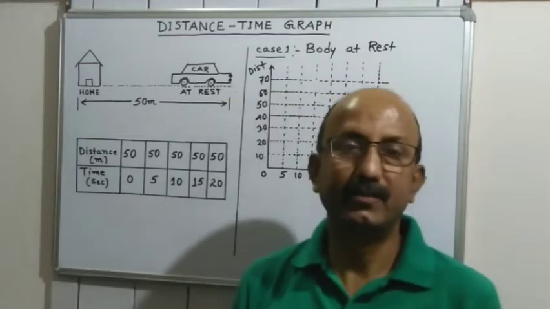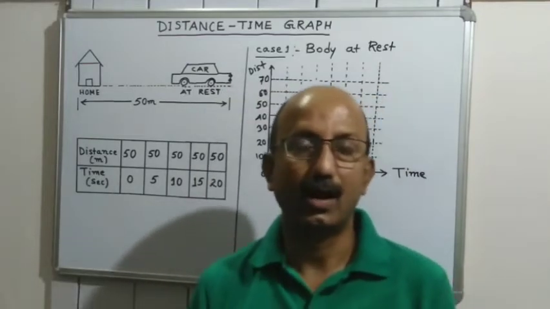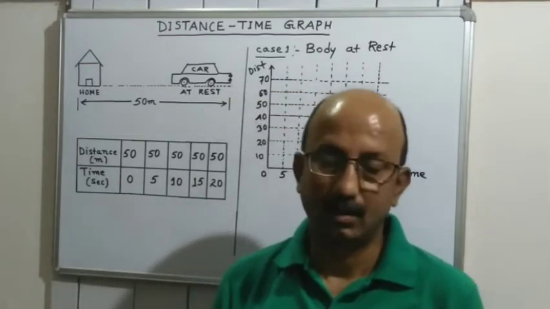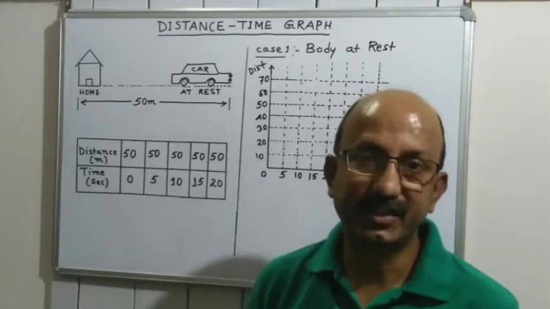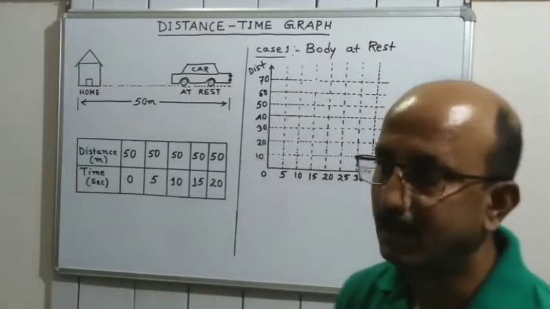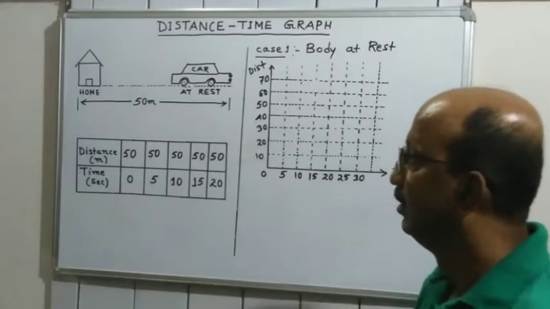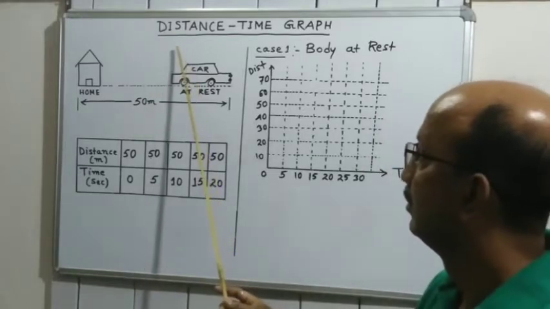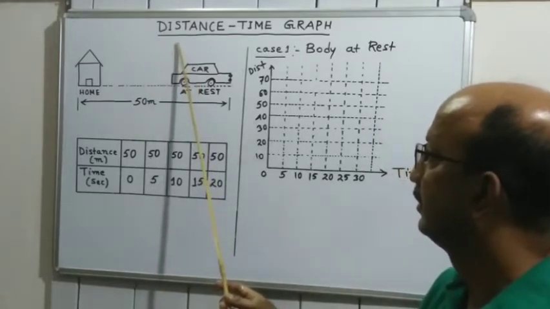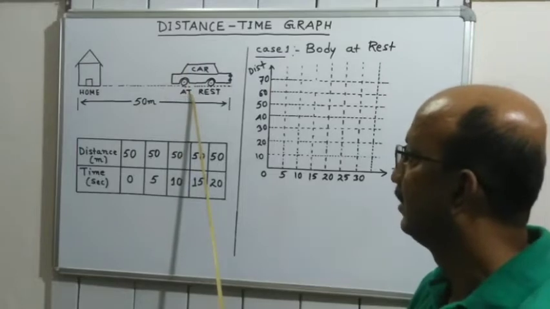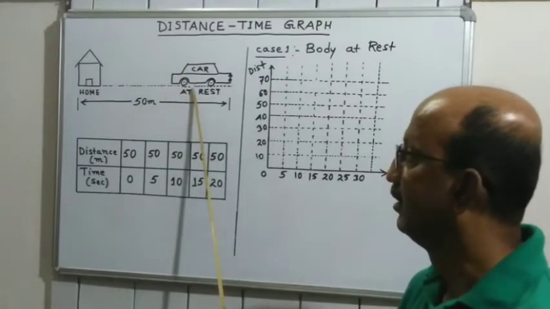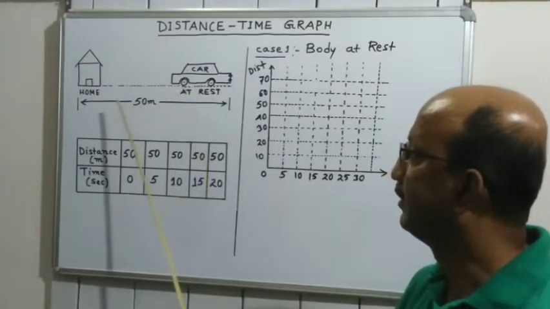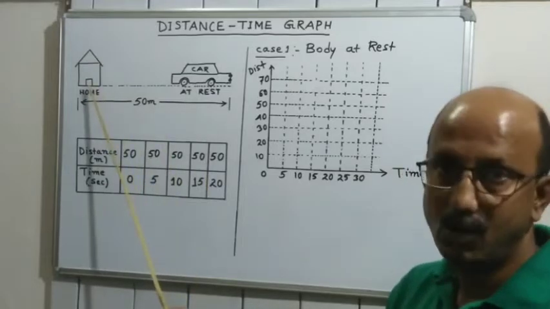Today in this video we are going to learn how to plot a graph between distance and time. So here we take a situation where a car is at rest and the car is at a distance of 50 meters from your home.